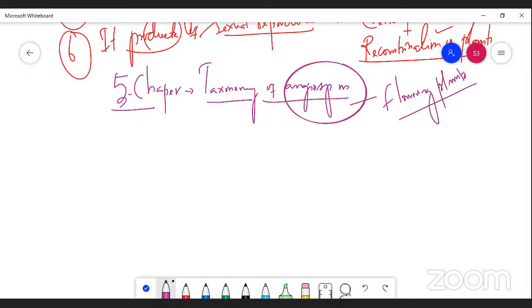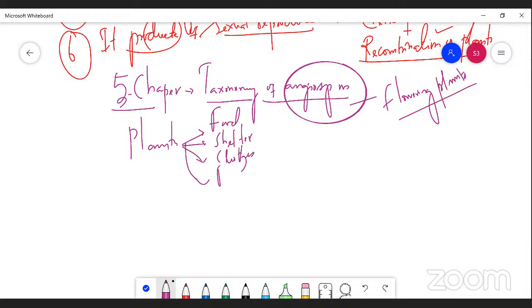Okay. Apart from that, plants provide so many kinds of components for human beings. What are the components that can be provided? Yes, here the plants provide food. The plants provide shelter. The plants provide clothes. The plants provide energy.